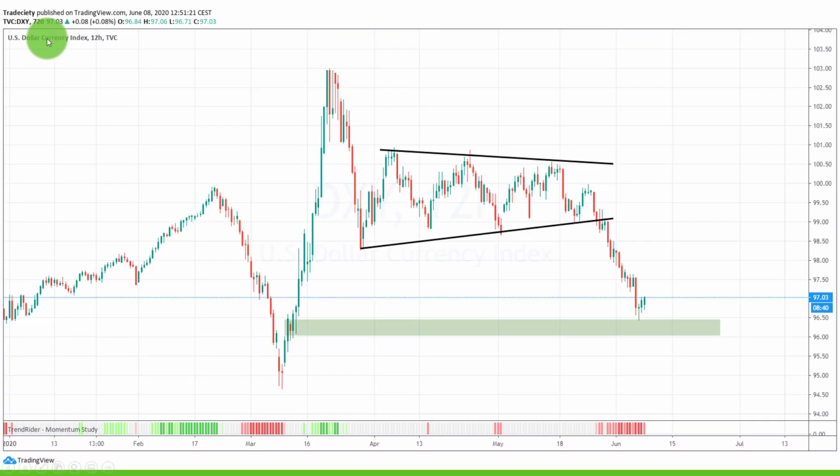So we are starting here with the US dollar index, and this is the 12-hour chart. Last week the market dipped into this supply and demand zone. If you have done my courses or watched my previous webinars, you will know that the supply and demand zone often forms not right at the origin of a new trend, but a little bit higher.